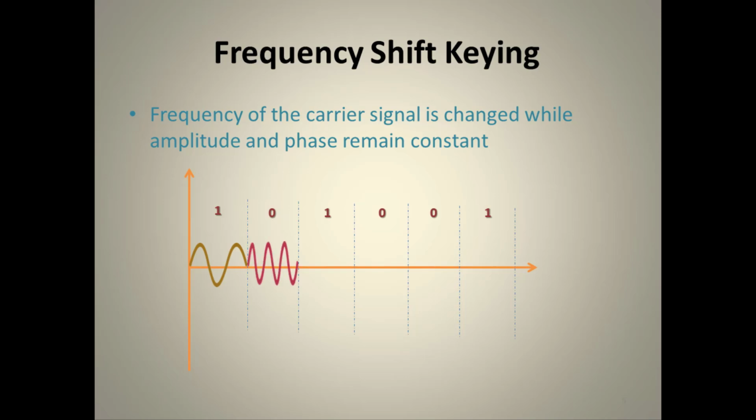If we observe these two signals, for 1 the frequency is less, and for 0 the frequency is more. As we can see, amplitude and phase are not changing. The amplitude, the height, is fixed, and the phase is also 0. So this is 1, 0, then again 0, then 1. This is how frequency shift keying works.